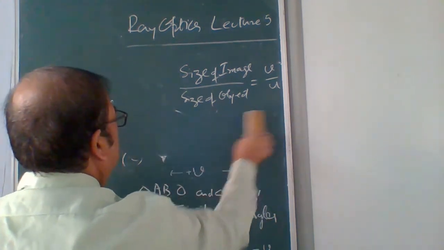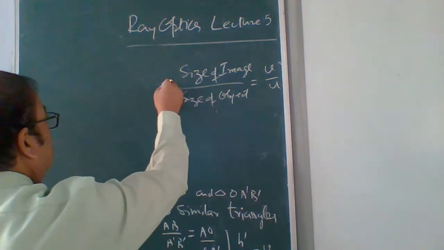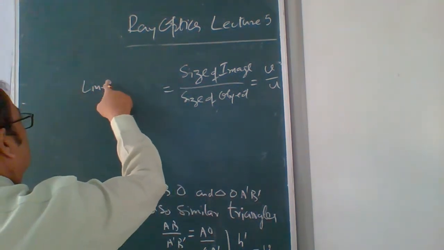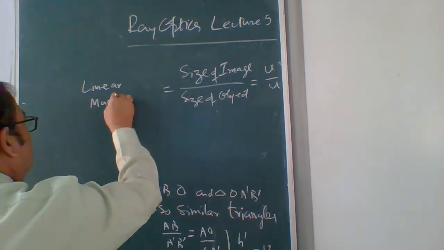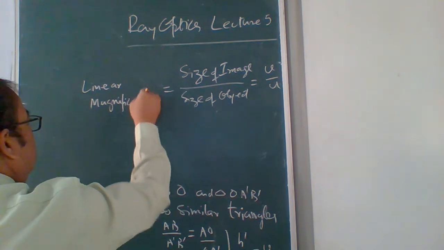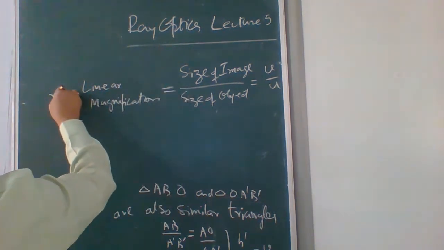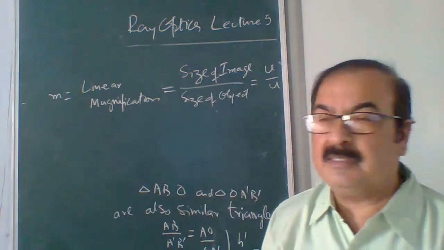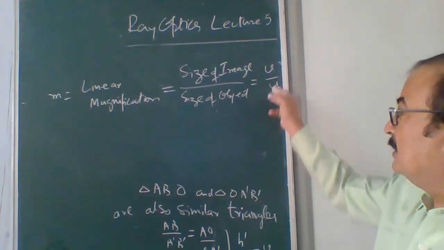We call this linear magnification, denoted by small m. Therefore, you have seen that linear magnification equals size of image upon size of object, which is equal to v upon u.